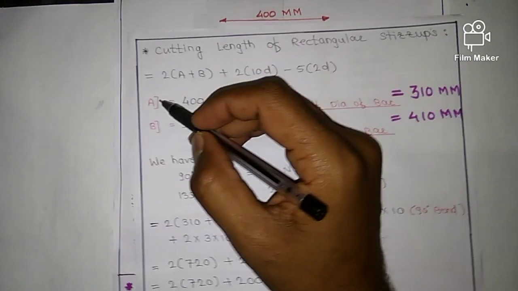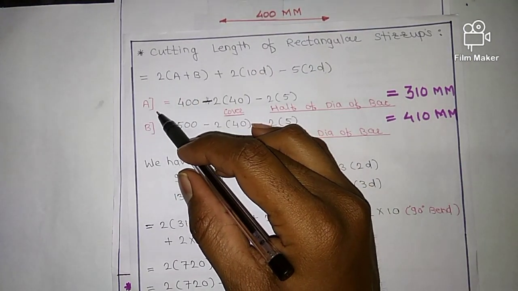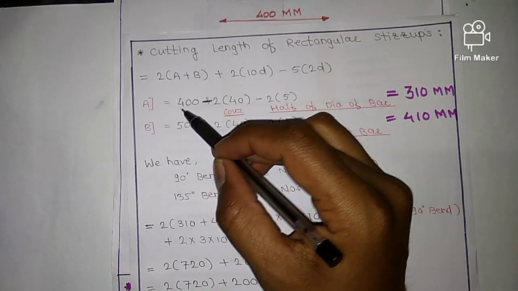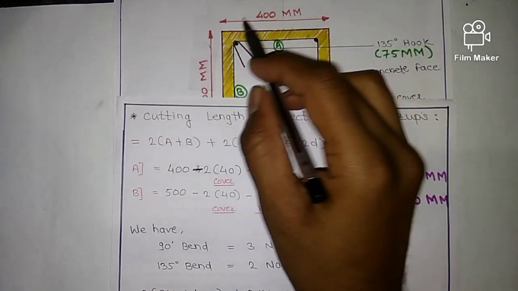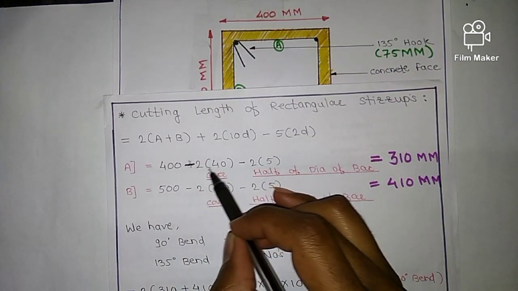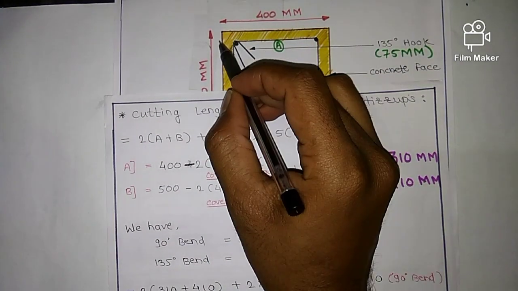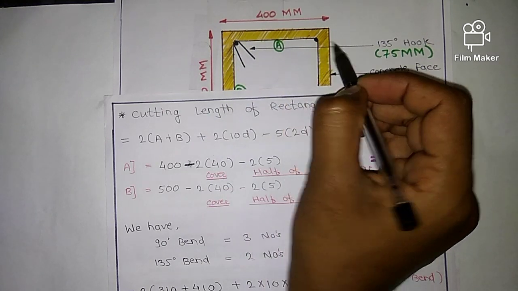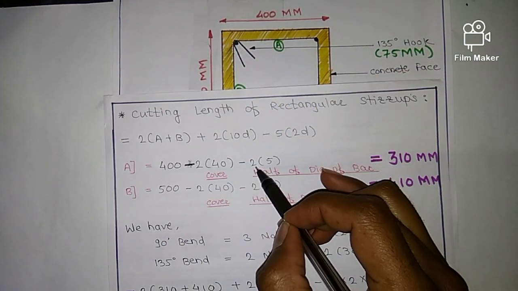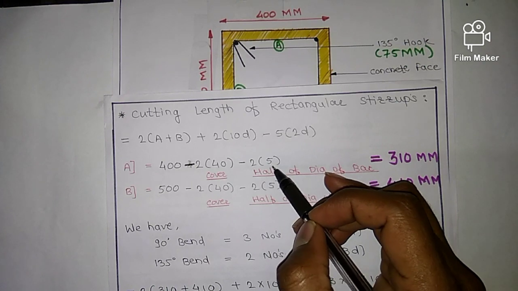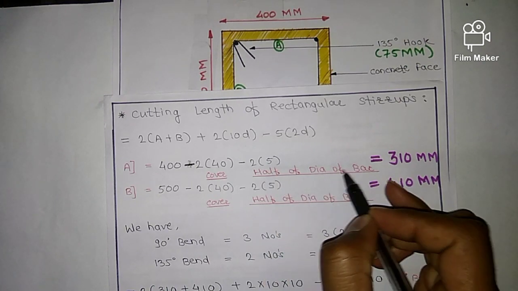So first let us see the a value. A is equal to 400, that is this side, minus 2 times of 40, that is cover, 40 from this side and 40 from this side, minus 2 times of 5, that is half of the diameter of the bar.